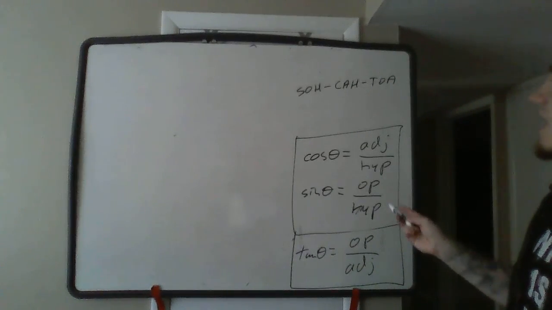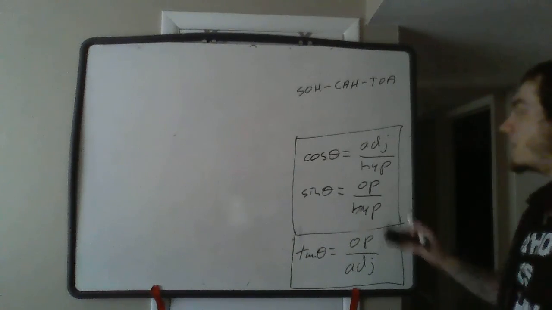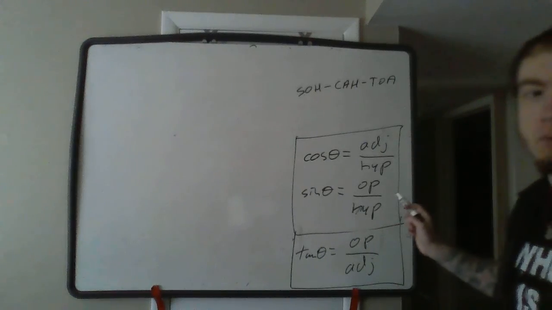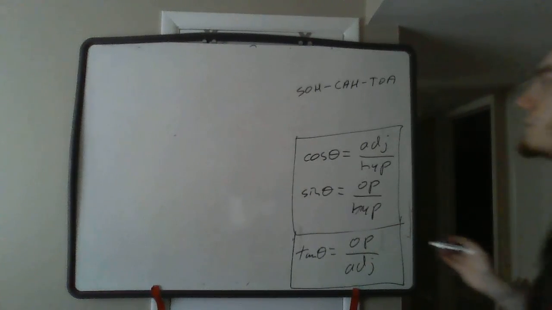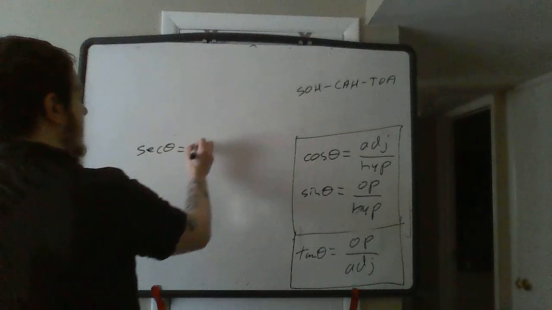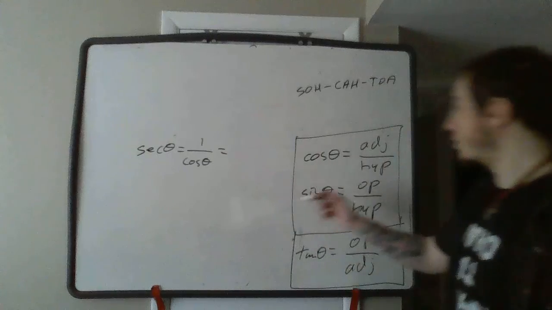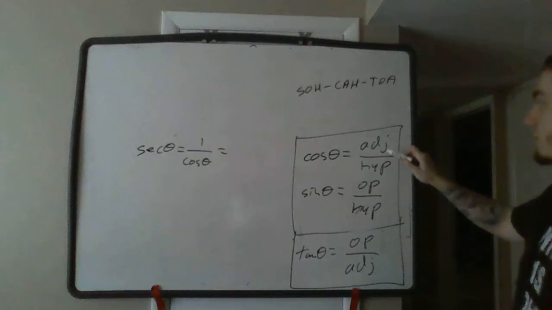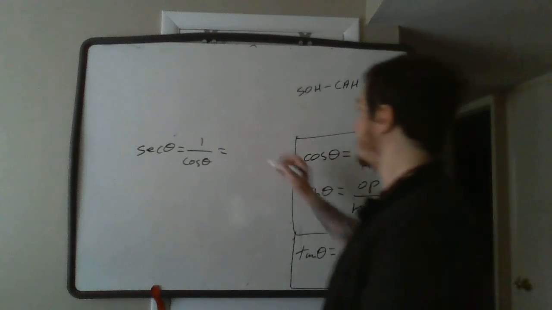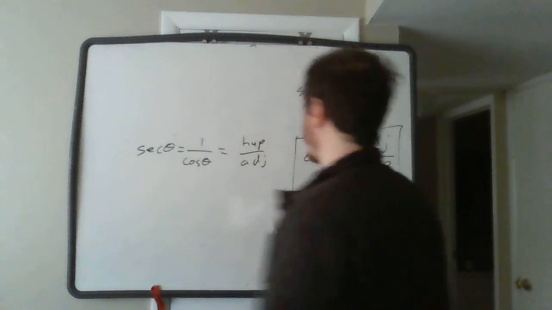Finally, we can write down the last three trig functions in terms of these three relationships and the dimensions of one of these right triangles. So if you remember secant theta, this is 1 over cosine theta, so that's the reciprocal of cosine. Well, what's the reciprocal of cosine? If I write it in terms of the hypotenuse and the adjacent, it's just going to be hypotenuse divided by adjacent.